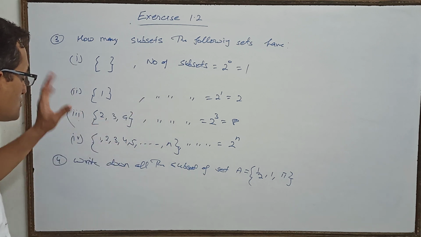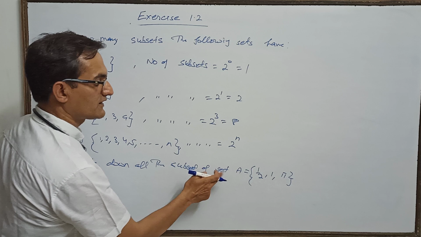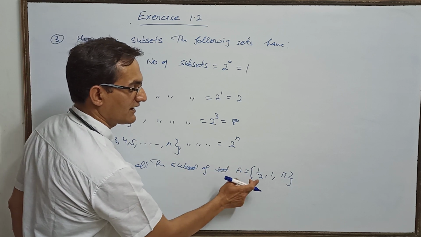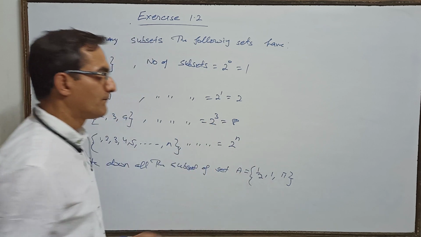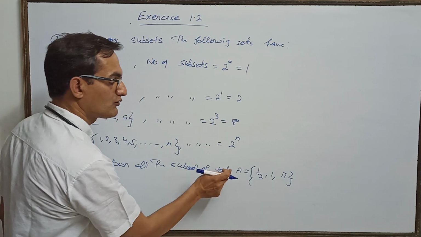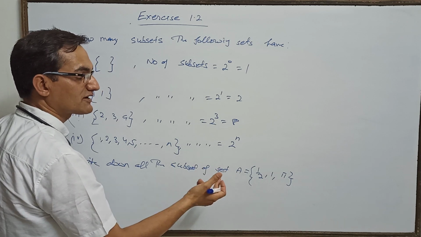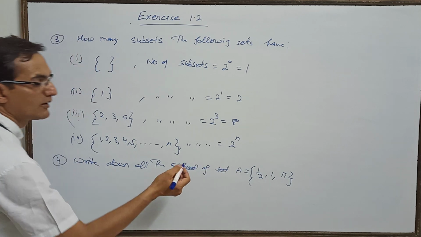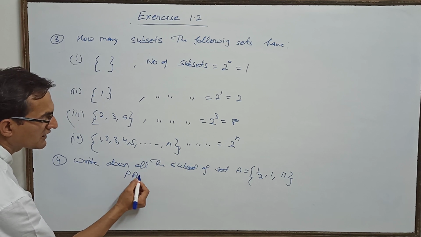Now come to the next question, fourth one. Write down all the subsets of the set A. Set A has these 3 elements, 1 by 2, 1 and pi. You have to write all the subsets of this one. The collection of all the subsets is called the power set of A, so you will write P(A).